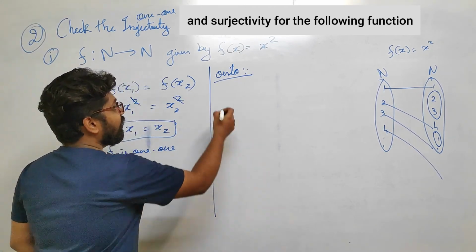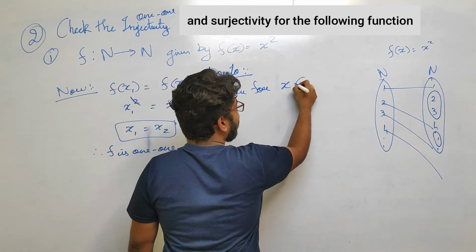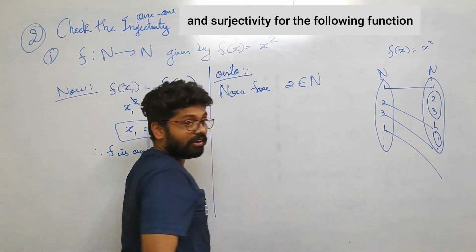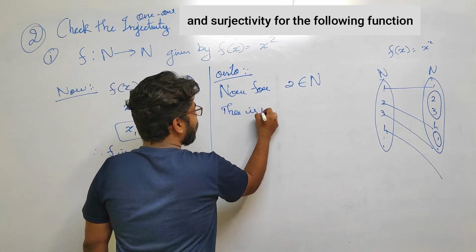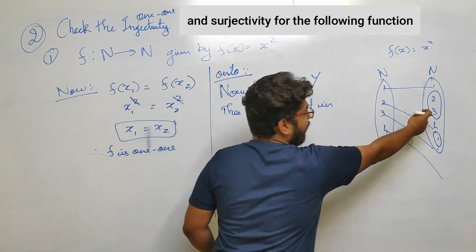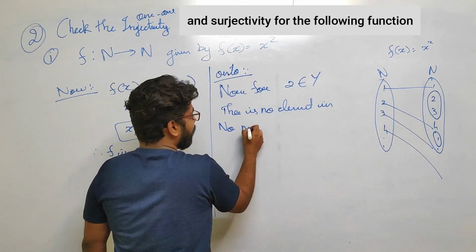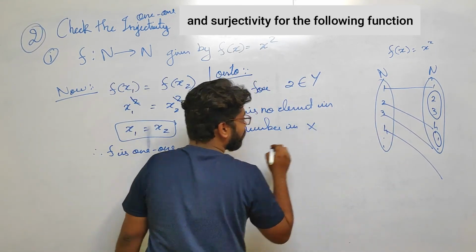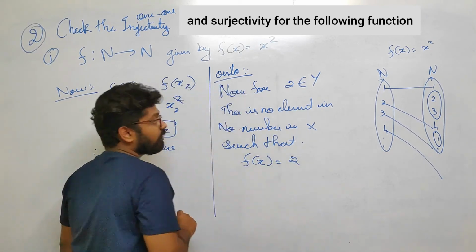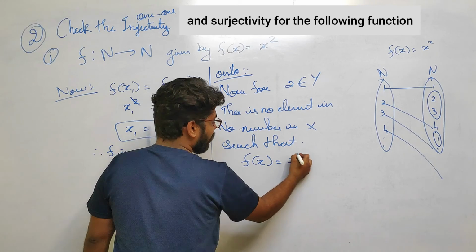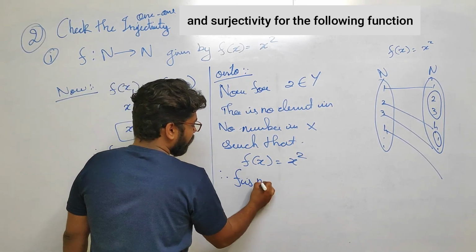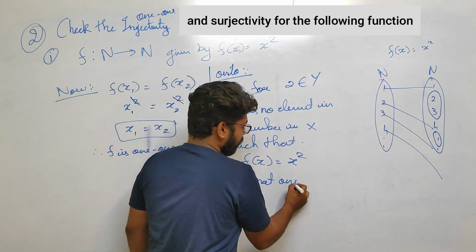So therefore 2 belonging to y, there is no number in x such that f of x is equals to 2, correct? f of x is equals to x square. Understanding? Therefore f is not onto.